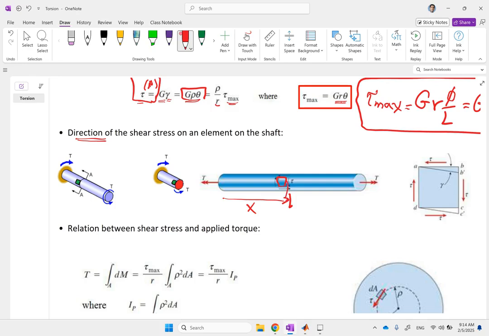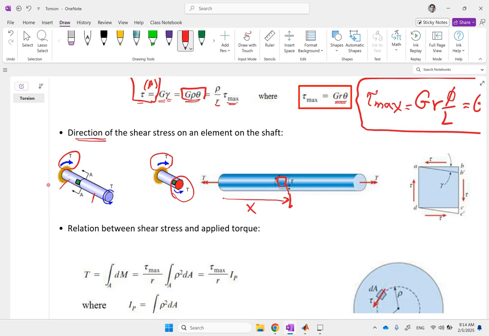And if you do that, then you're going to get two pieces, the left piece and the right piece. Here we can look at any of them. Let's look at the left piece. Now, if you look at the left piece, clearly this torque is the support torque. The torque that comes from the distribution of the shear stress on this red cross-section should generate a counterclockwise torque to keep this whole thing at equilibrium. Okay? Yes?